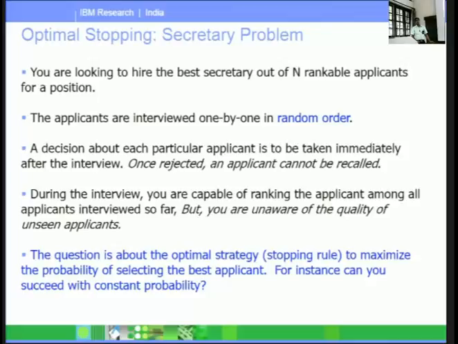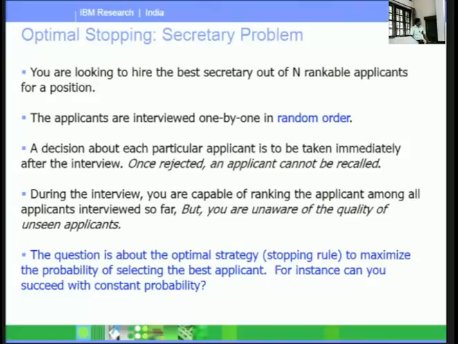The score could be 100, 10,000, or even between 0 and 100 it could be 99.9, 99.99 and so on, so the number of values it can take is very large. When you interview a candidate, you can either accept or reject the candidate. Once you reject the candidate, you cannot reselect that candidate. That's the rules of the game.